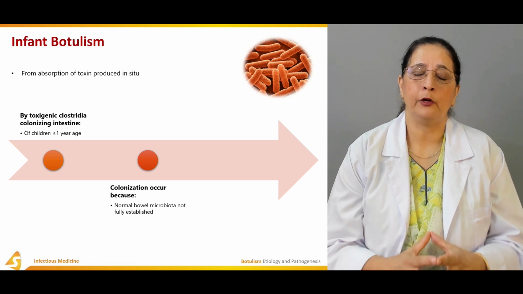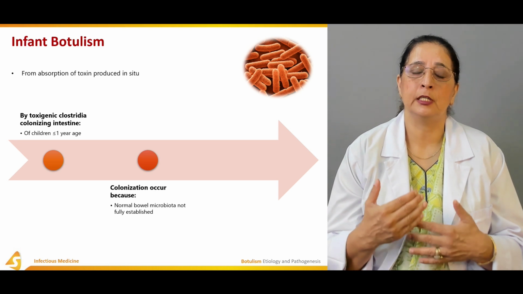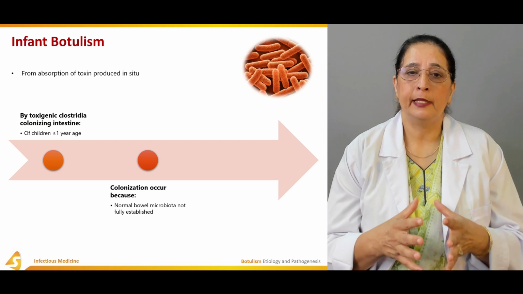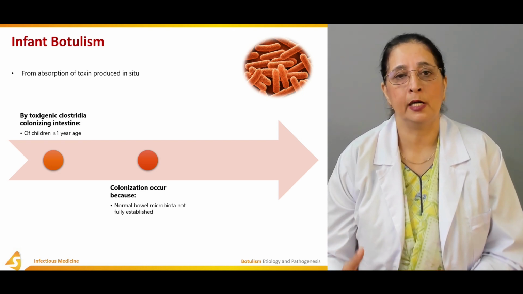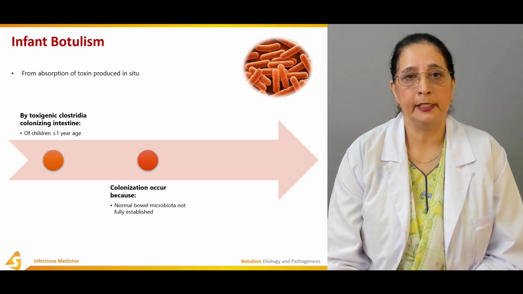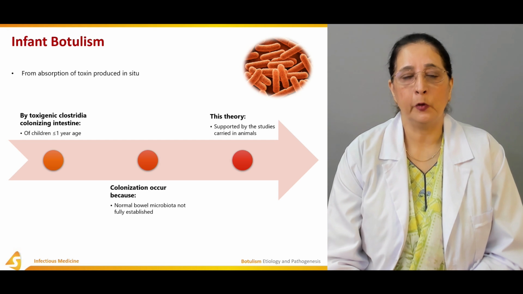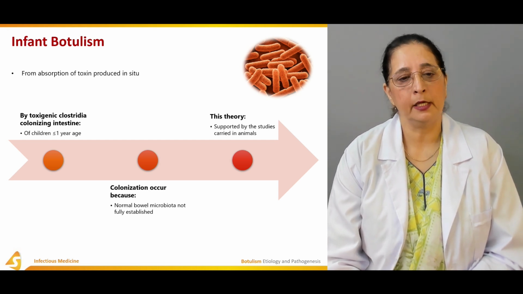The normal mechanism of protection, the normal bowel microorganisms, is not fully developed in infants, so they are colonized by the Clostridium bacteria. This theory is supported by studies carried out in animals, not in humans.